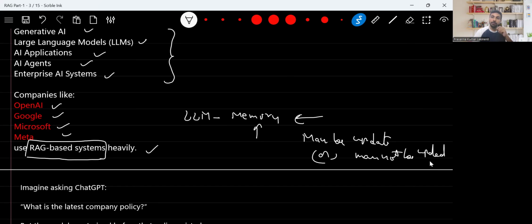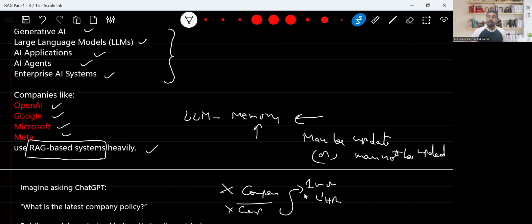Now, if I ask an LLM system what the HR policy of a particular company, X company, is, and I trained the LLM one month ago with my HR policies, and now my company HR policy has changed, then if you ask the LLM to tell you about the HR policy of company X, it will give you some answer even though it doesn't know the updated version.